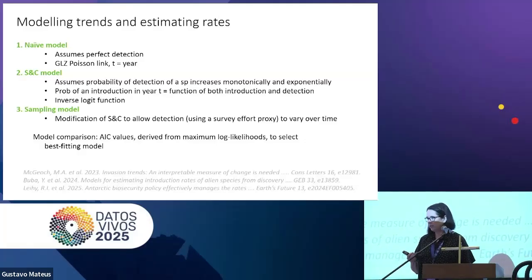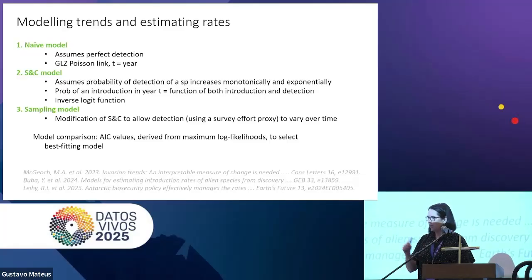It's a generalized linear model with a Poisson link. And there's the Solow and Costello model, which assumes that the probability of detection of a species increases consistently and exponentially, because over time there's more chance of detecting something, and also because alien species populations are growing, you're more likely to detect it, and that's a bit of an exponential function.